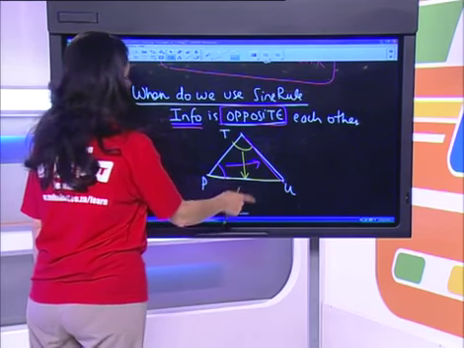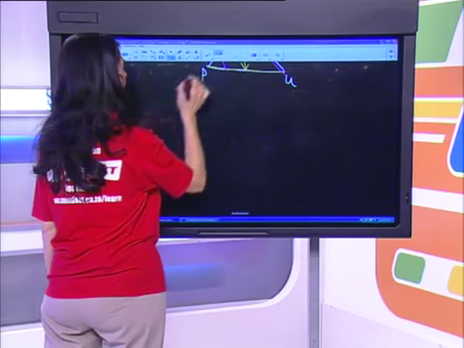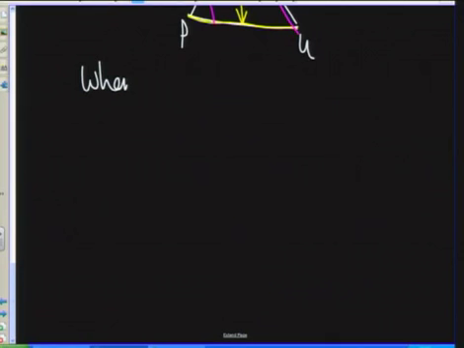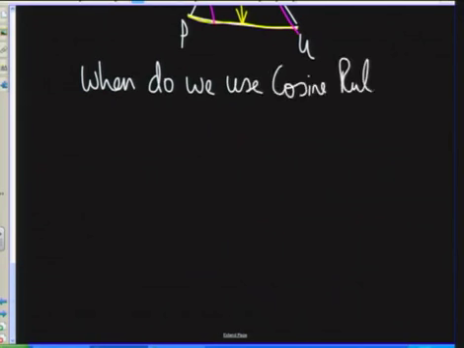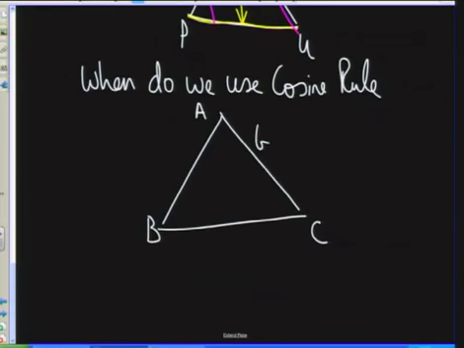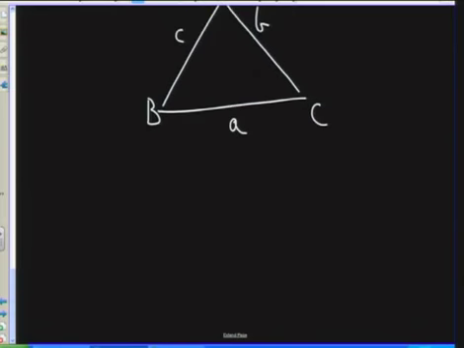Okay? And then the next one, and grade 11, this is a really good question. When do we use the cosine rule? Again, if I have any triangle ABC, then the cos rule is used on two occasions.